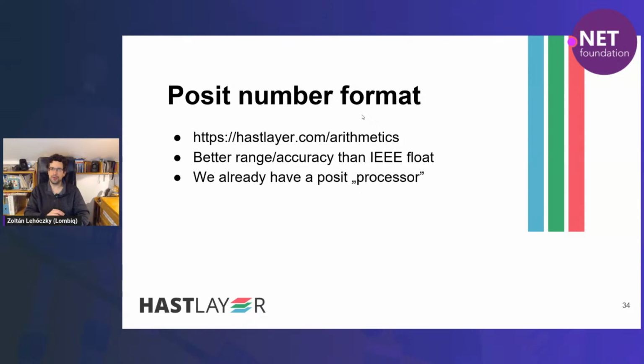What's the most interesting here is that it's also Hastlayer-compatible, and you can turn it into a piece of hardware. So that means that with Hastlayer, you can create your own number type, and then you can create a processor for your number type at the same time. Now, how cool is that?